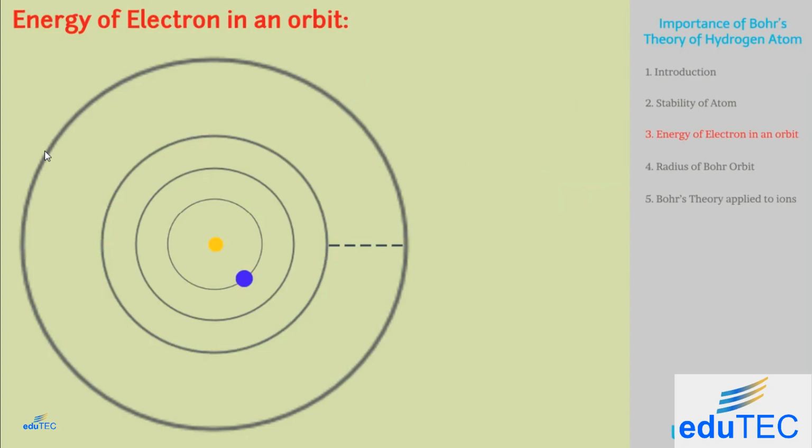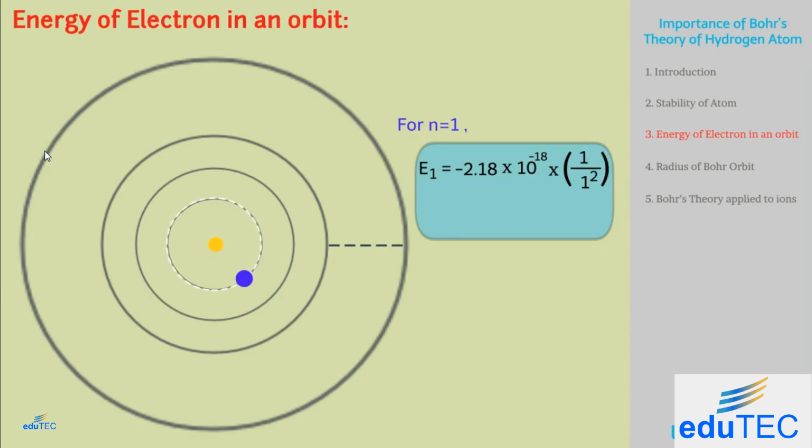Accordingly, energy of ground state, that is, for n equals to 1, energy E1 equals to minus 2.18 into 10 raised to minus 18 into 1 upon 1 square, which is equal to minus 2.18 into 10 raised to minus 18 joules.